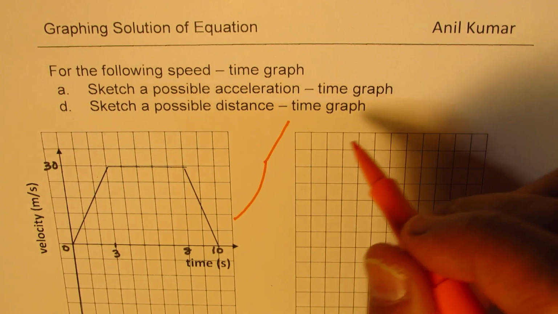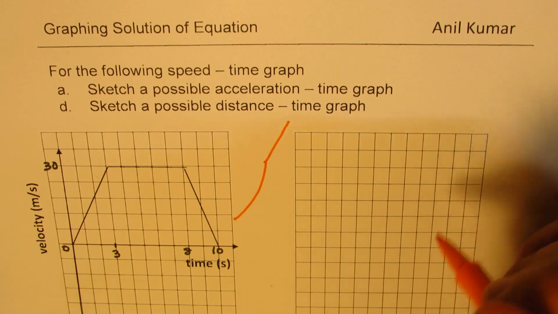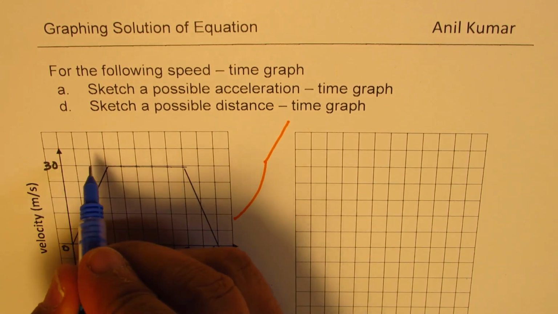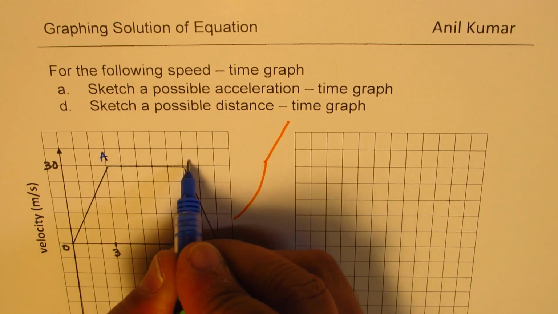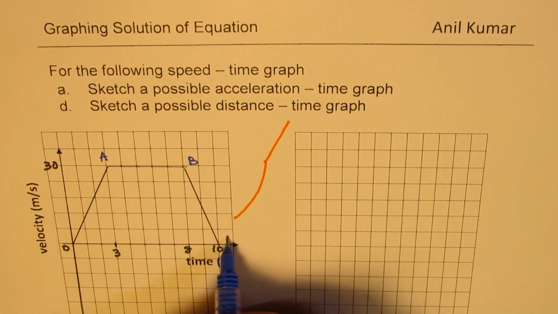Now, let us see how we are going to display this on the graph. So first, let me divide this particular portion into groups as we did last time. Let it be O to A, A to B, and B to C.